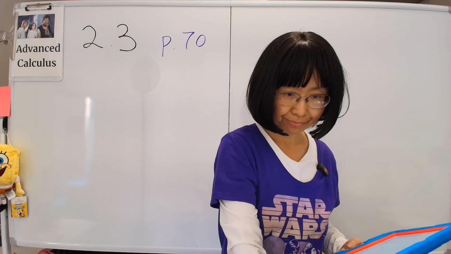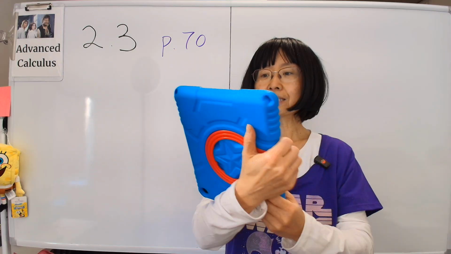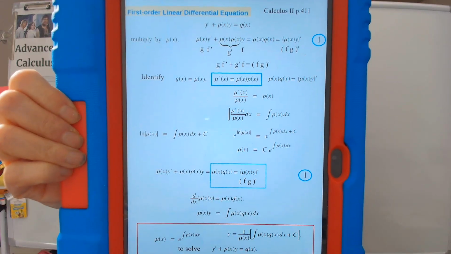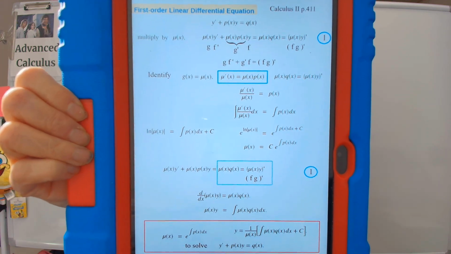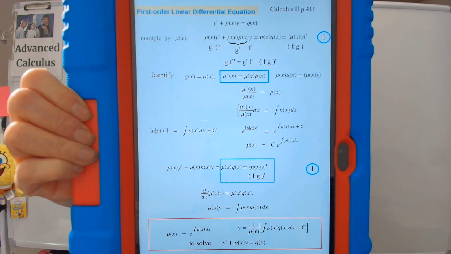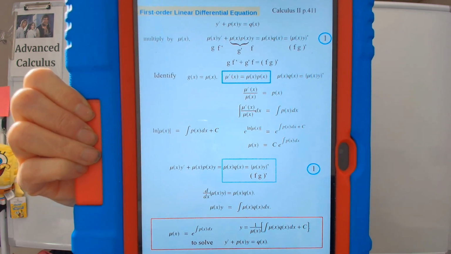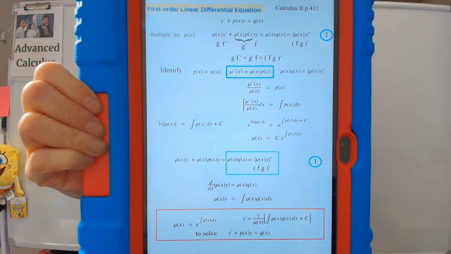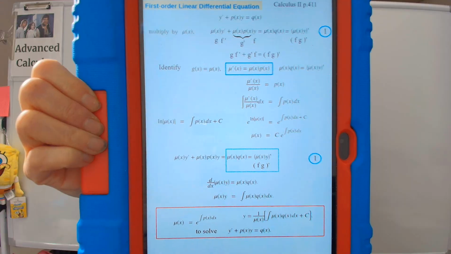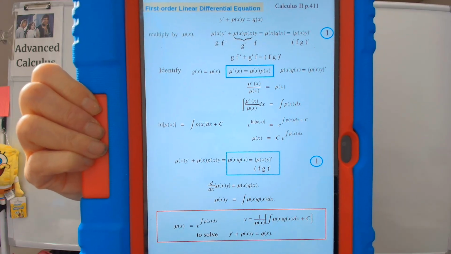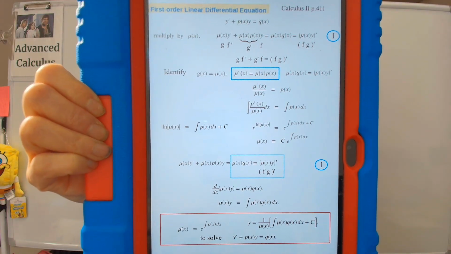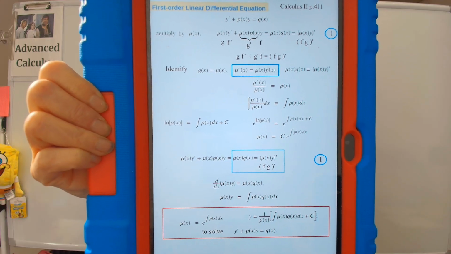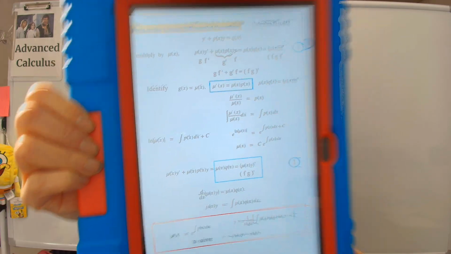So please spend some time staring at this page, all the way to the end. Maybe take a screenshot of it and then go through line by line and refresh your memory on where mu of x comes from. I mean, we can just follow the formula at the bottom, but I think this is worth refreshing your memory to see how it works, because it's a simple and yet neat trick, I think, to solve a difficult differential equation.